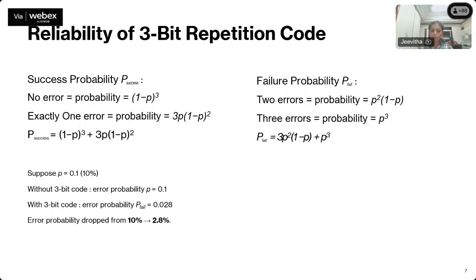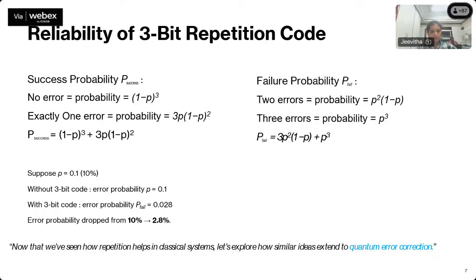It means that the probability of error has decreased from 10% to 2.8%. Of course, this can correct only 1 error, but even then the error probability has reduced. So there is a use for a repetition code. It reduces the error probability.